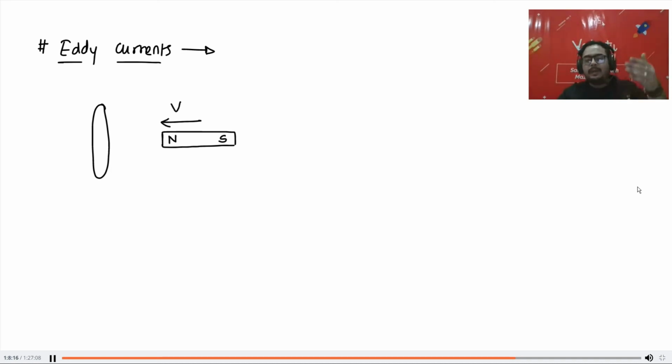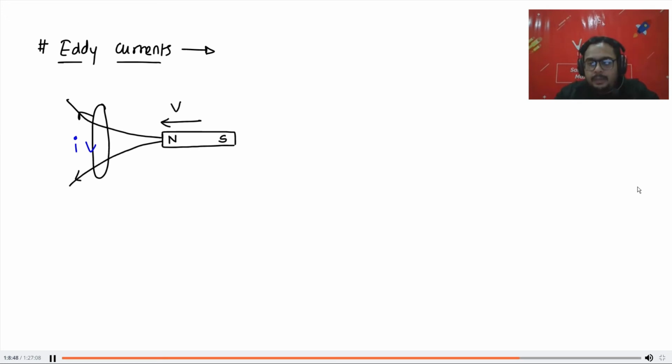If you start moving it, the magnetic flux through the coil changes, and in order to oppose the change in flux, by Lenz's law, a current is induced in the loop. Everyone remembers this? This was Faraday's law: if you have a conducting loop and you are changing the magnetic flux through the loop, a current is induced in the loop.